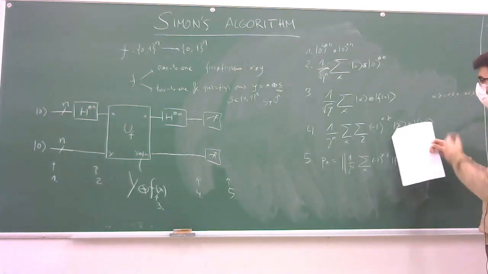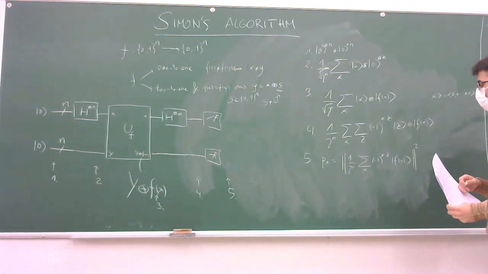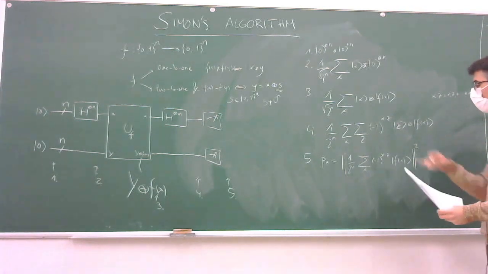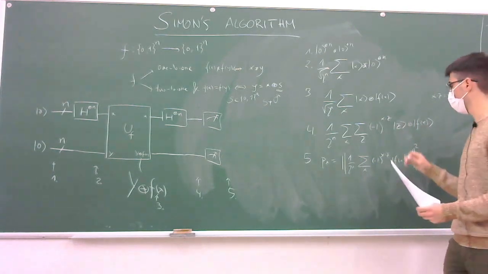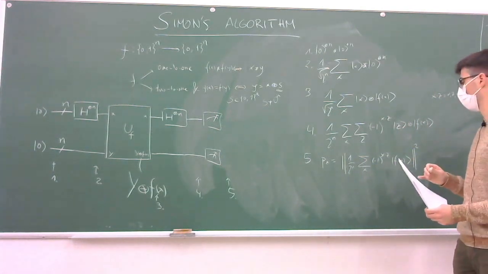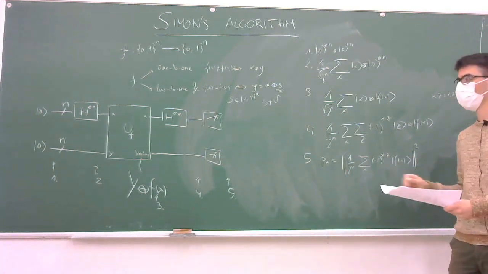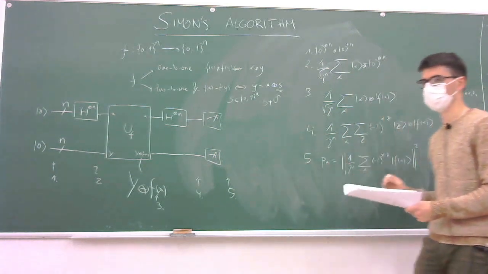Well, the amplitude, the probability to measure the state set. We'll focus first on the set, and if you obtain a particular set, there's nothing more to do. So maybe this measurement is not required actually.